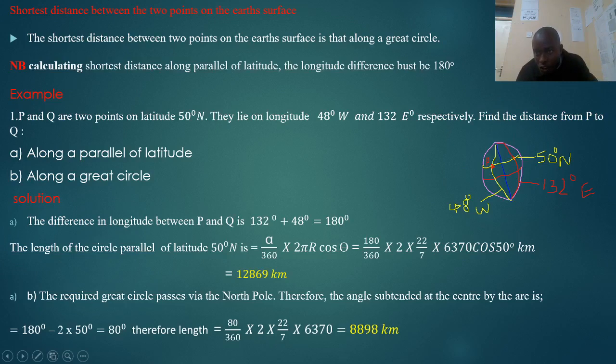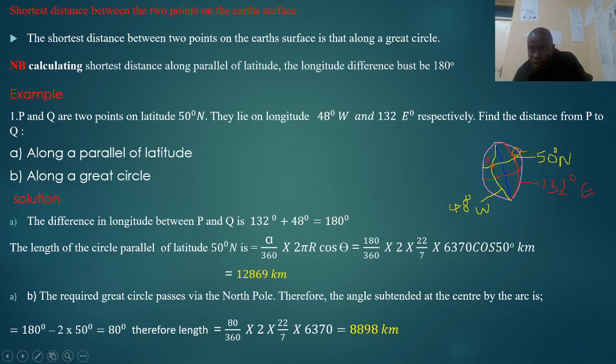I have my point Q there. So if I have my point Q here and my point P here, this is the distance we are talking about. Remember, the center is here. This is to the center.